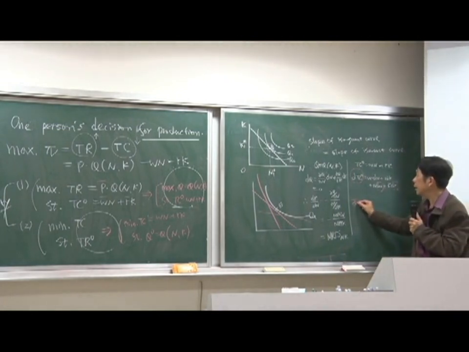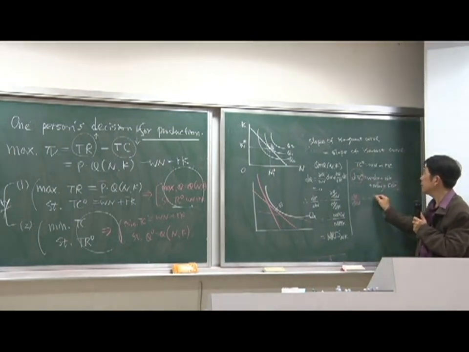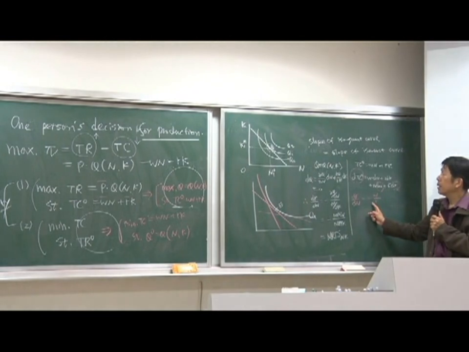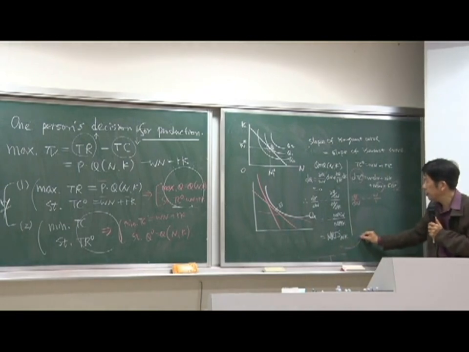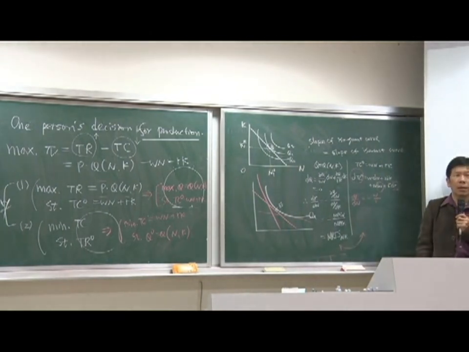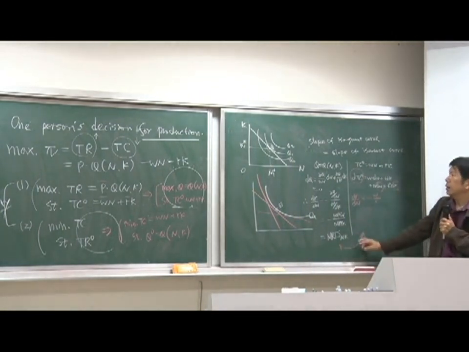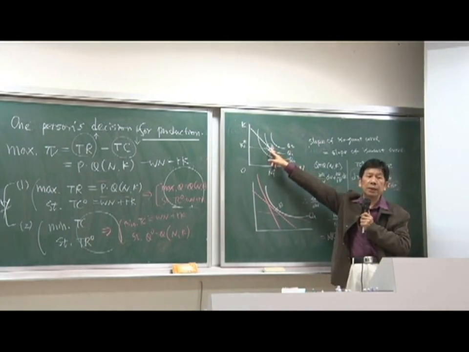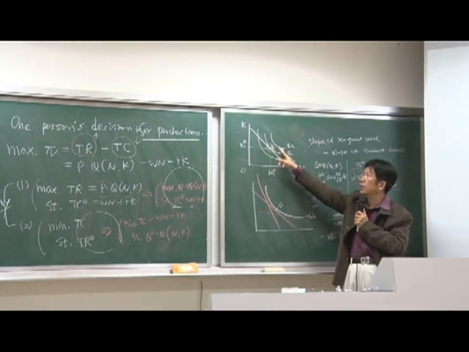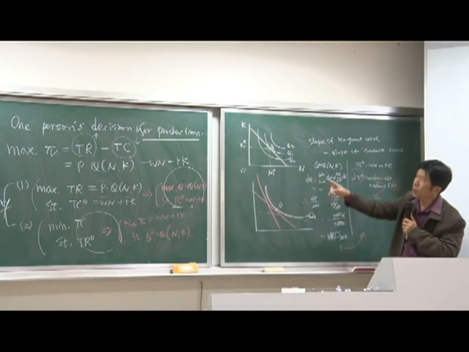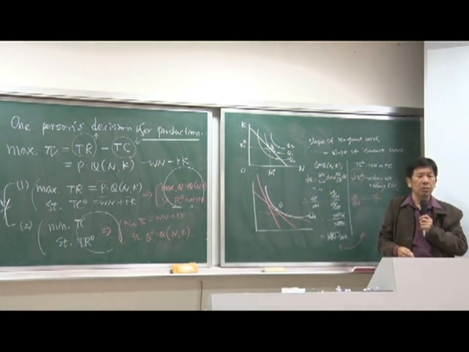Finally you can see delta K over delta N equals minus W over R. We call this the slope of the isocost curve. If we want the optimal choice, the slope of the isoquant curve must equal the slope of the isocost. So this is for one person in production.